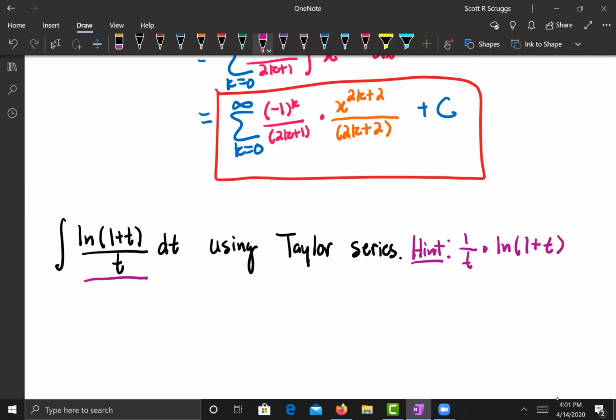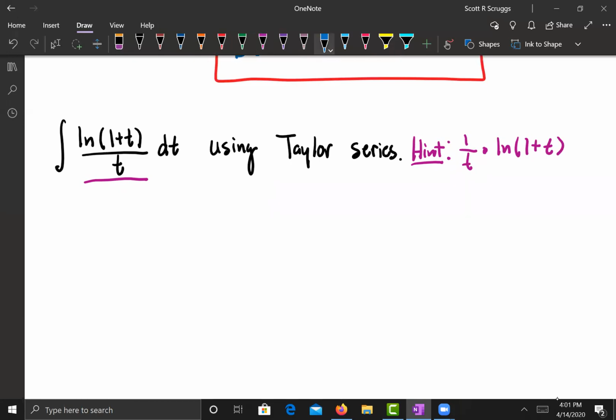All right. I'll give y'all 10 minutes to work on this before we go over to the solution. And if y'all have any questions, unmute your mic and let me know, or post your question in the comments and I'll do my best to answer it.